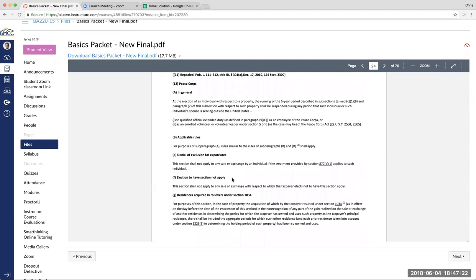So we know that depreciable assets are one of the few things that are not capital assets. There was that definition of capital assets last week, and it was basically everything except for the things that it wasn't: accounts receivable and government publications and certain copyrights and those kinds of things.